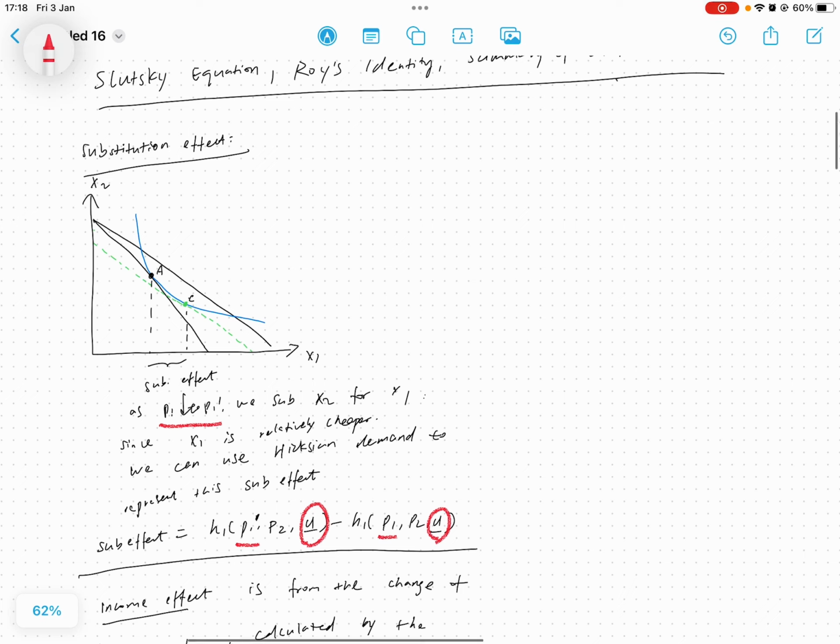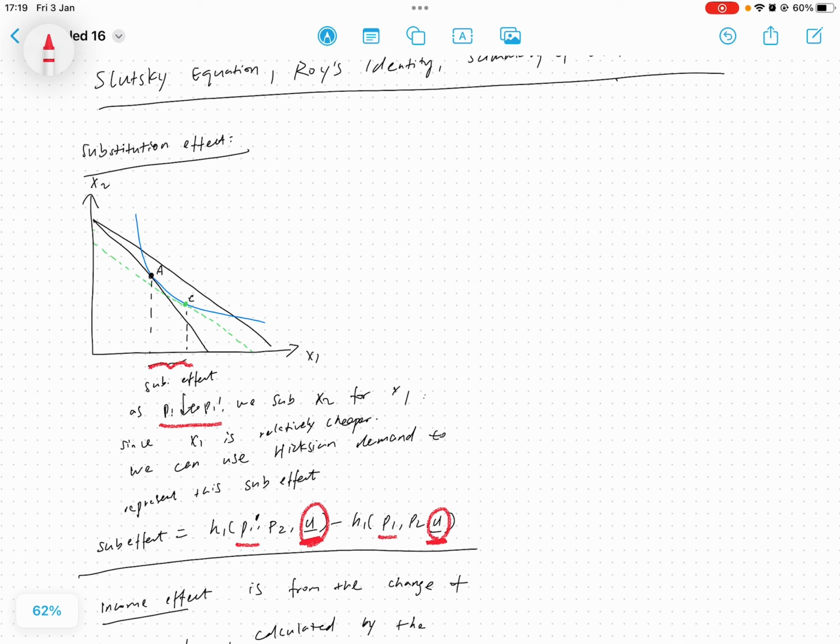And that is indicated from this distance on this figure. First, we change the slope as we change the price. And if we want to hold the same level of utility, which is U lower bar in this case, then we have to change this amount of X1 from A to C, and that will be this difference.